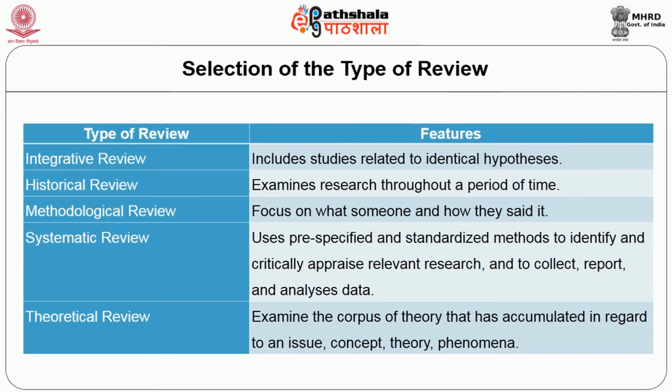The next type of review is methodological review, which focuses on what someone has said or how it is said. Next one is systematic review. Herein, a well-defined standardized method is identified and followed for collection, reporting and analysis of data. The last type of review is theoretical review, which examines the theory and accumulates the issues and concepts for further use.